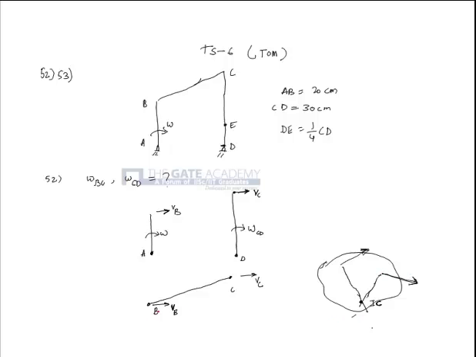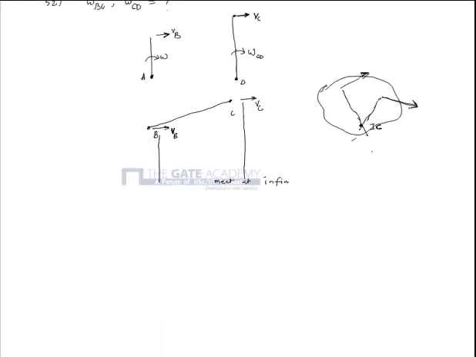So now if you draw the perpendiculars of these, they basically meet at infinity. Means that the instantaneous center is at infinity.